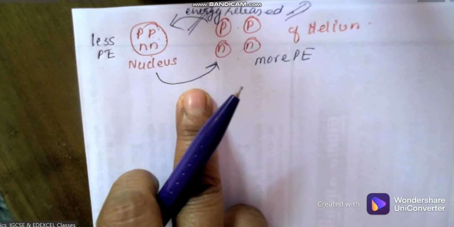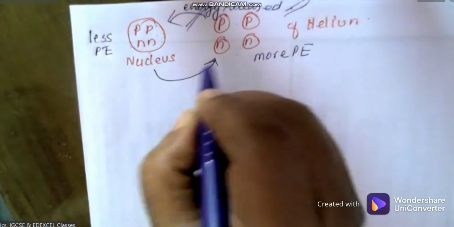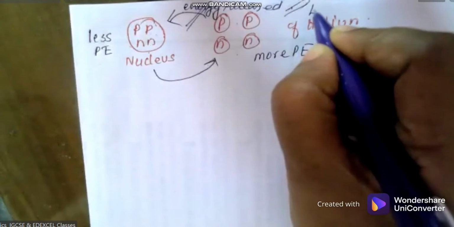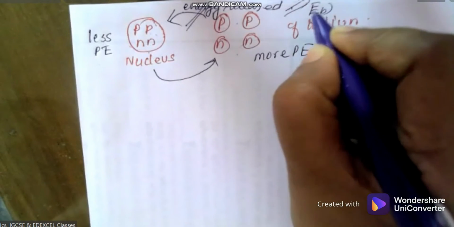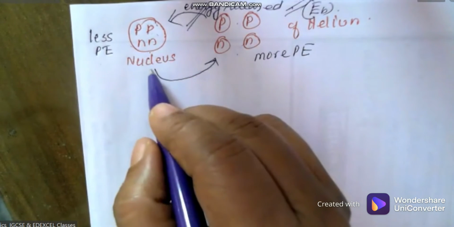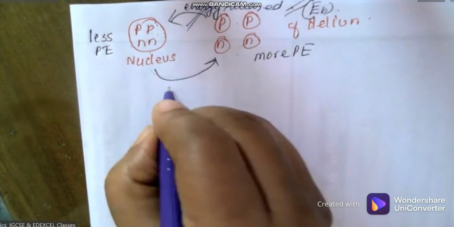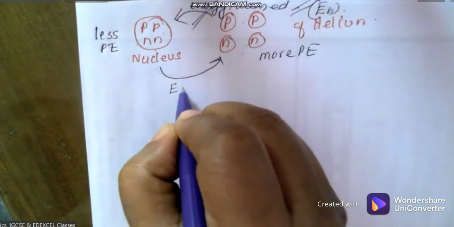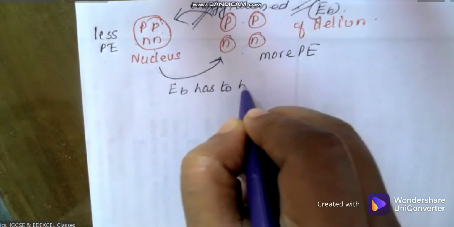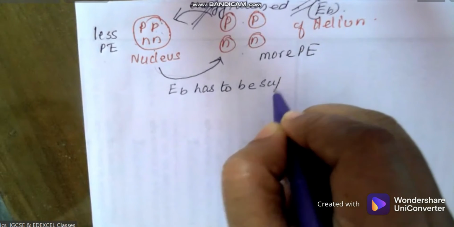So this much energy released, that is what you call binding energy. Binding energy is released. Similarly, if you have got a nucleus and if you want to separate it, the same amount of binding energy has to be supplied.